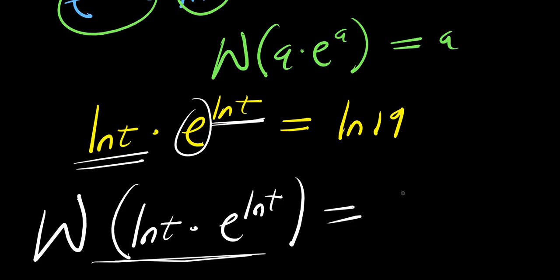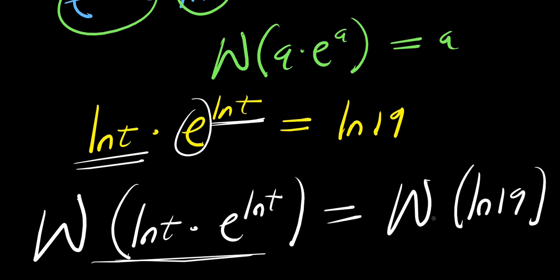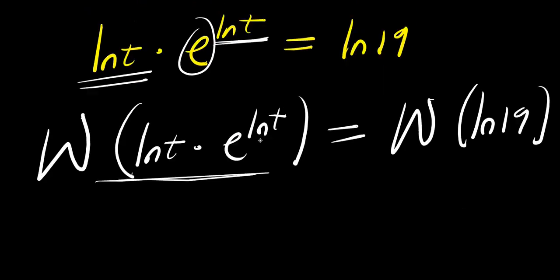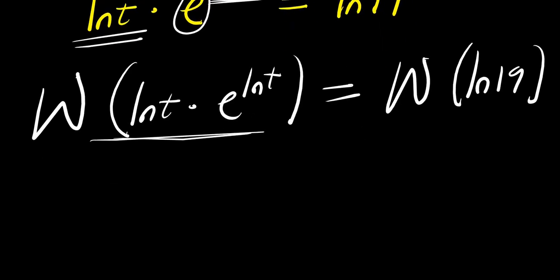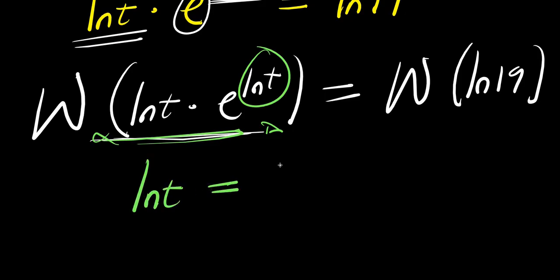So you have Lambert W function of ln of 19. Now, like I said earlier, when you apply the Lambert W function here, you have one output, and that will be this. So you have ln t equals the Lambert W function of ln 19.